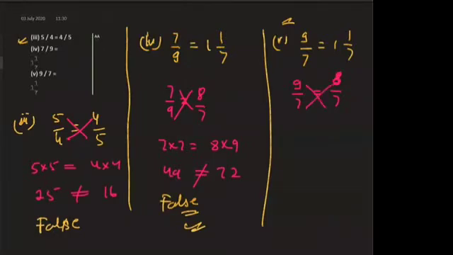So do cross multiply. 9 into 7 is 63, and 8 into 7 is 56. Of course they are not equal to each other, so this is also a false statement.